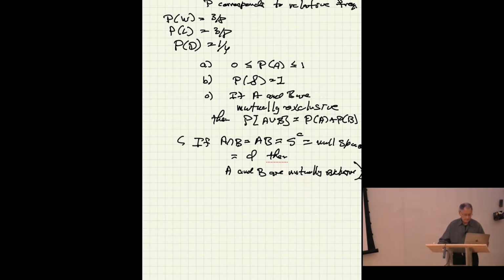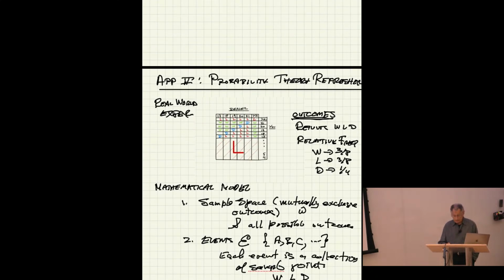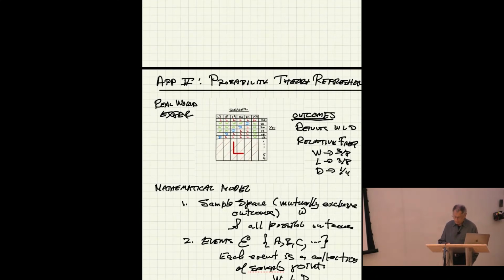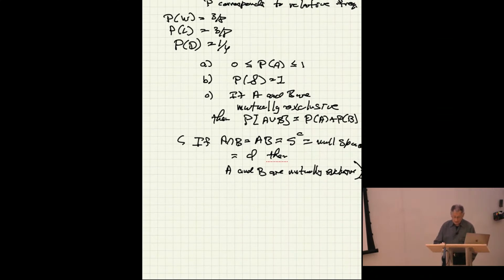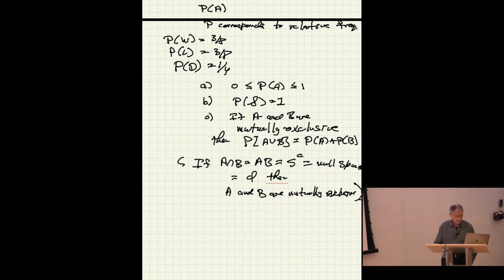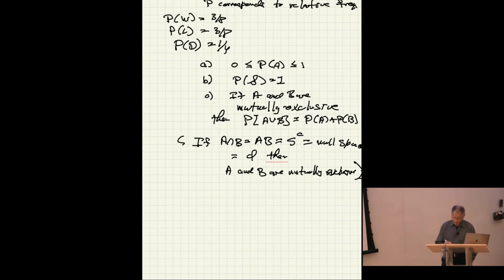Okay. So this is a very simple setup, and it corresponds directly into the real-world experiment. The outcomes, the results, and the relative frequency become the sample space, the events, and the probability assignment. So that's just justification for this model. It corresponds to the real world in many cases. Now I want to define something else while I'm at it.